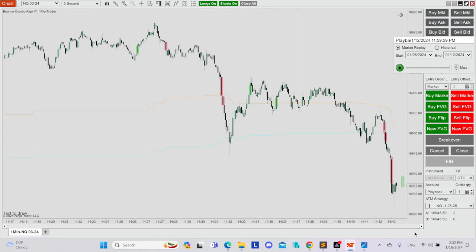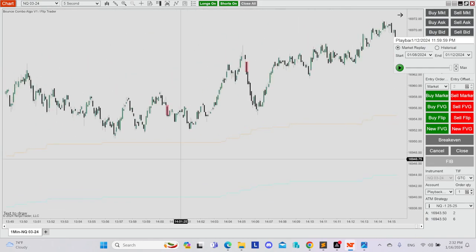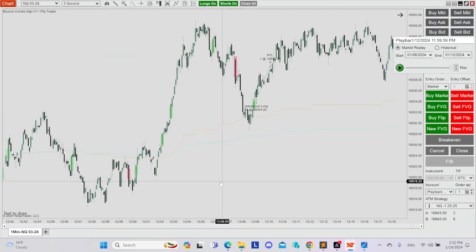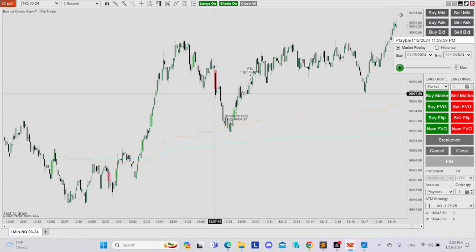So let me show you the trades we took, like right here, price retraces to this 34 EMA, which is plotted from a higher time frame.